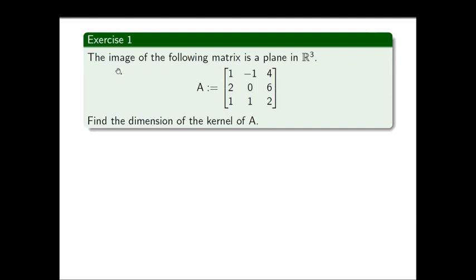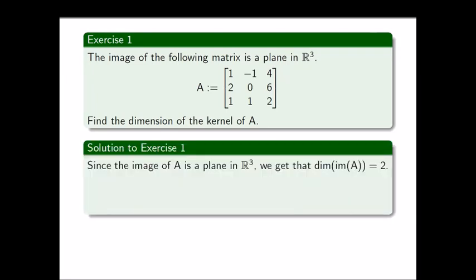So the collection of all the image vectors of this matrix forms a plane in R3, and we have to find the dimension of the kernel of A. We saw an explicit algorithm to find a basis, and therefore the dimension, of the kernel of a matrix A in the last episode, but that required row operations or row reduction. In this problem, we want to avoid that, and we just want to use the rank nullity theorem or related facts to compute this dimension.